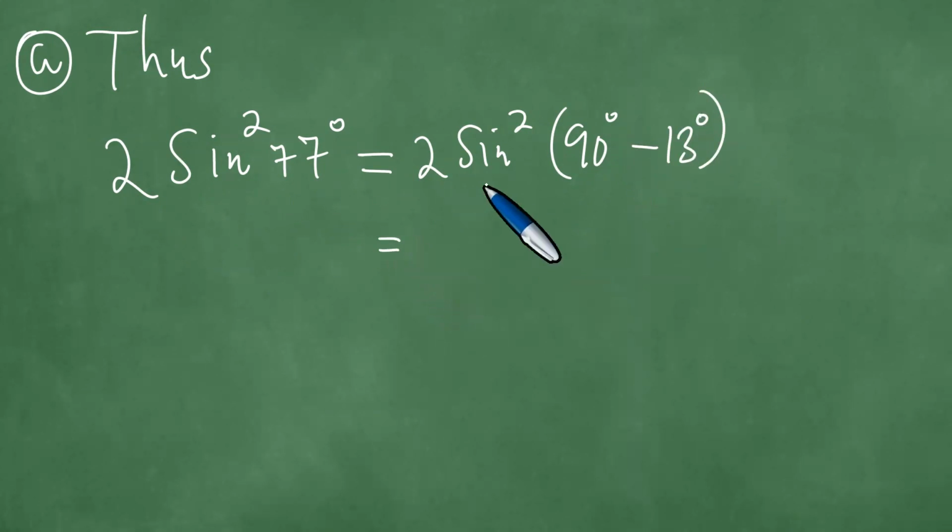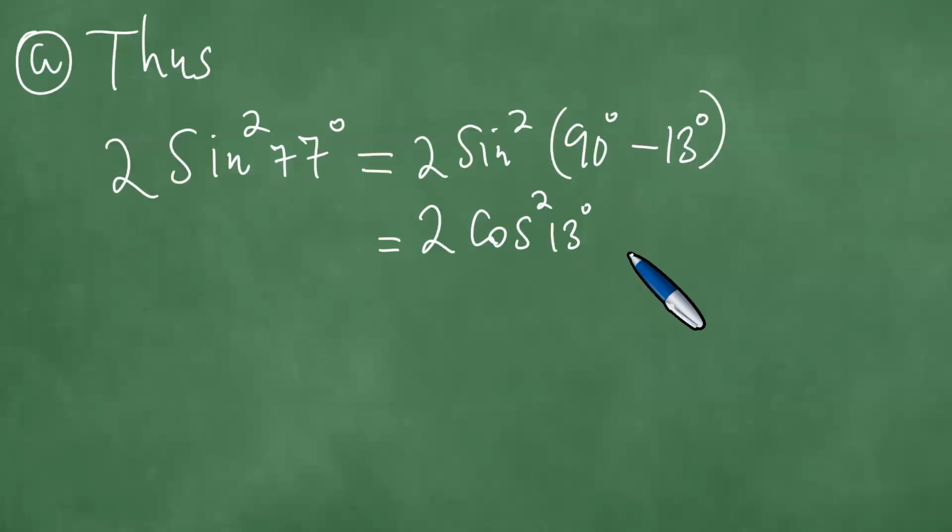Upon further examination, 90 degrees minus 13 degrees is an angle in the first quadrant where all trigonometric ratios are positive. So we're going to have a positive result, but there's a co-function change here. The co-function of the sine is the cosine, giving 2 cosine squared of 13 degrees.